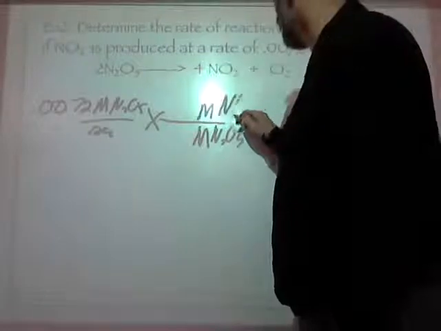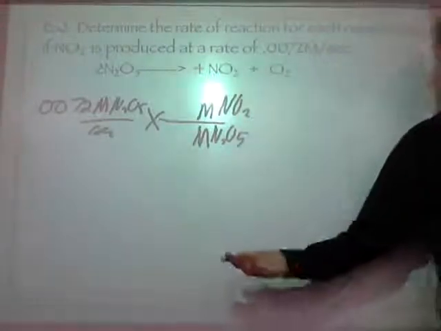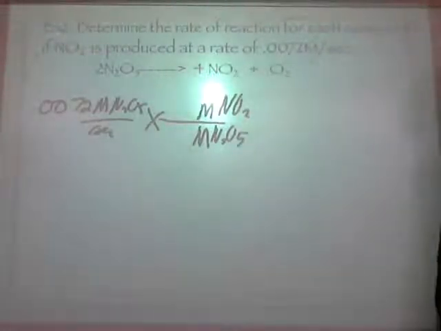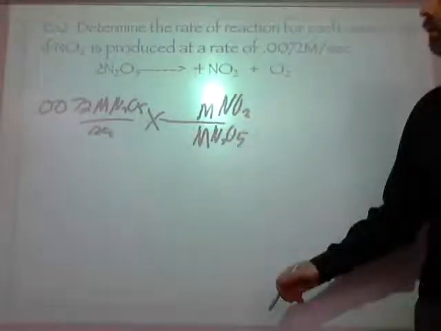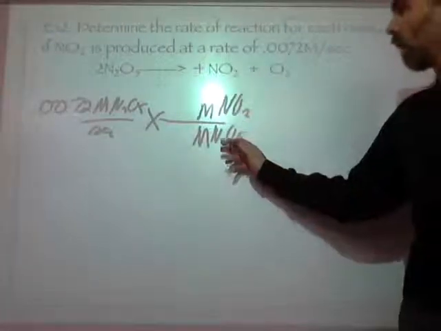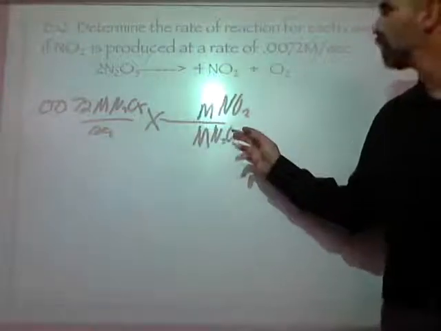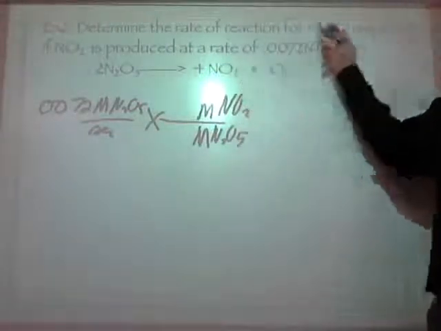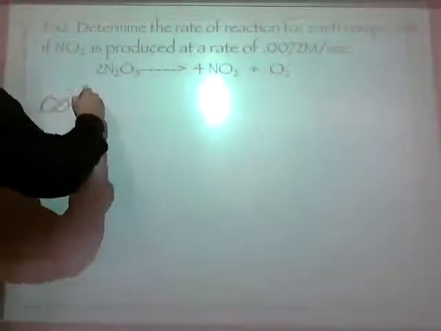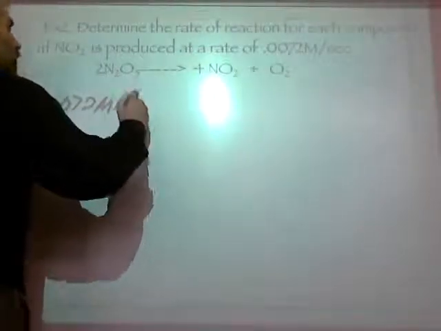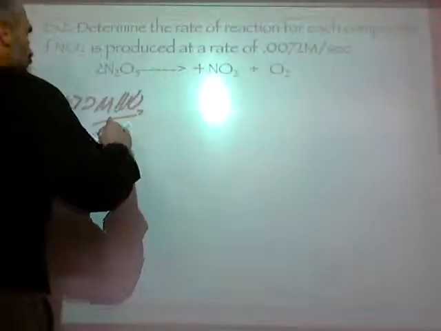NO2 on the top. N2O5 is on the bottom because it has to cancel. NO2 is on the top. Oh, wait, what was I given? Oh, I was given NO2. My fault. Okay, so 0.0072 molar of NO2. That's my fault for writing it down per second.